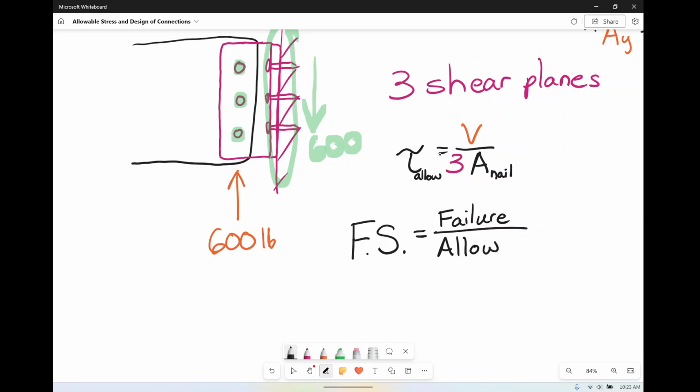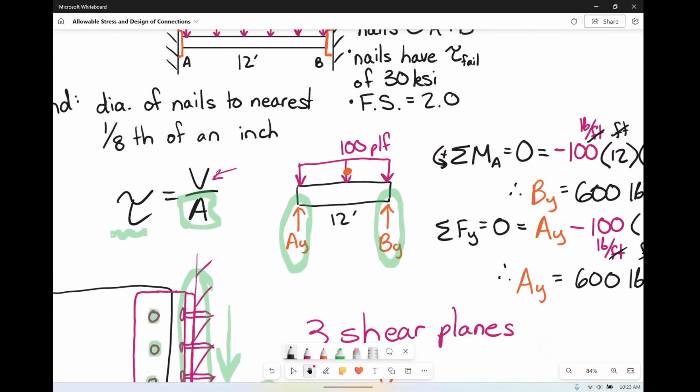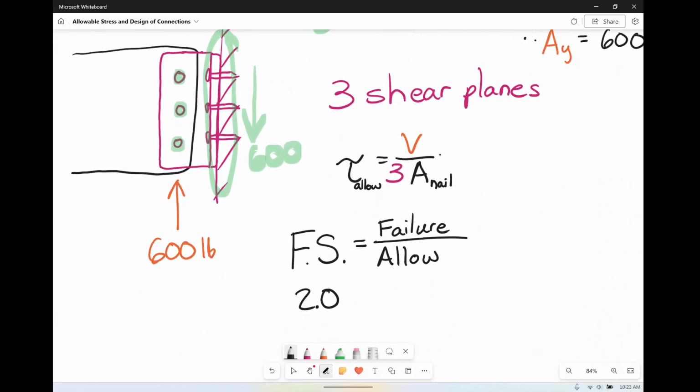So we said a factor of safety was 2.0 and a failure shear stress of 30 KSI. So we have 2.0 is equal to 30 KSI over our allowable stress.